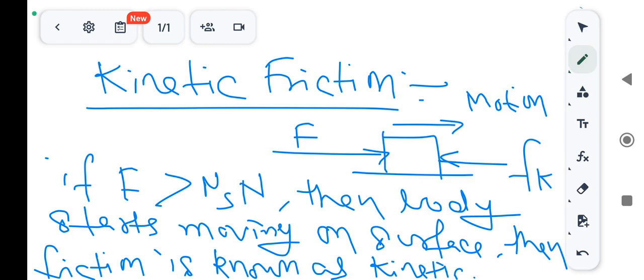If the external force on the body is greater than mu s multiplied by N, then the body starts moving on the surface, and the friction is known as kinetic. This friction force remains constant during the motion of the body. This is equal to mu k multiplied by N.